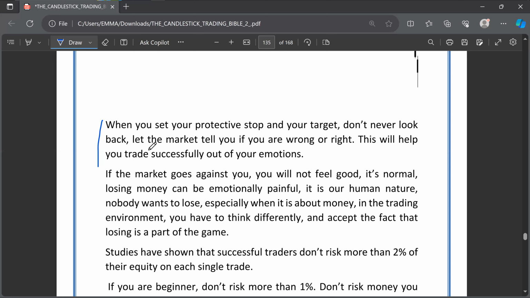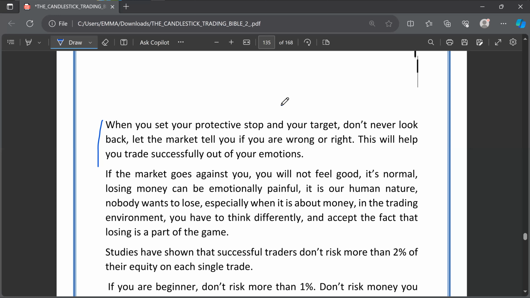So when you set your SL and your TP, you should leave the market to play that way, because before you enter the trade, you actually did what? Your calculations, right? So why the fear? Why are you trying to drag things away? Because in dragging your SLs away, you are incurring more expenses, more loss, in case the price does not move in the direction that you actually want.